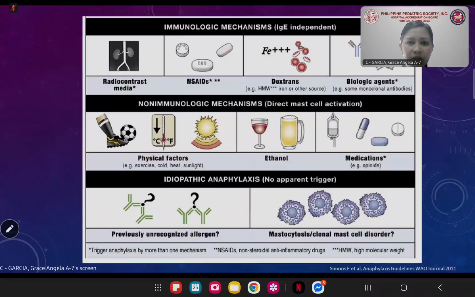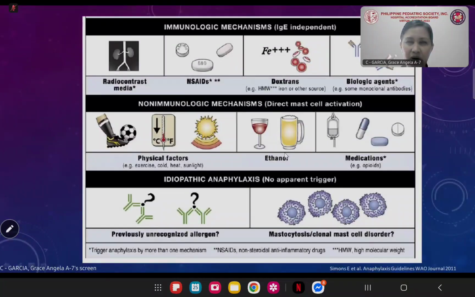So for your other causes, NSAIDs, dextrans, and biologic agents, so your omalizumab, would also cause anaphylaxis. For the non-immunologic mechanisms or direct mast cell activation, the most common example would be your intake of alcohol.